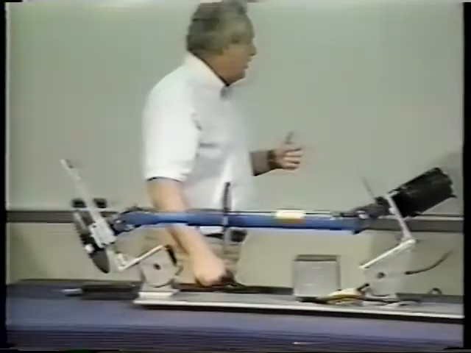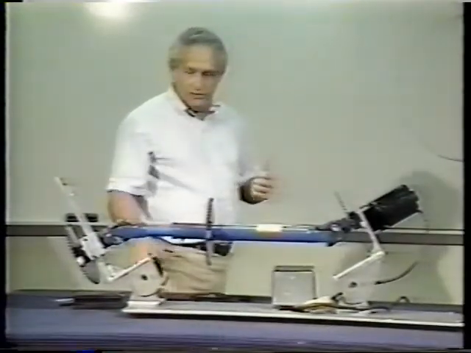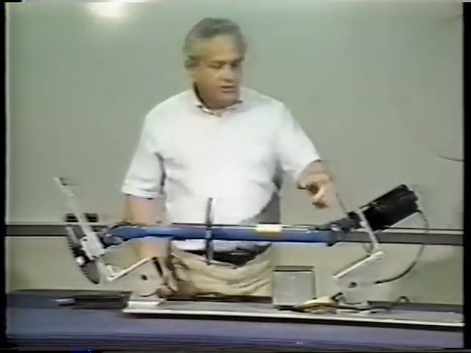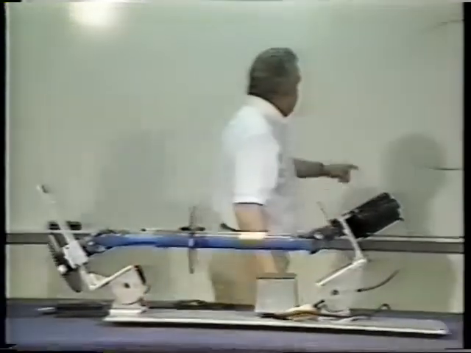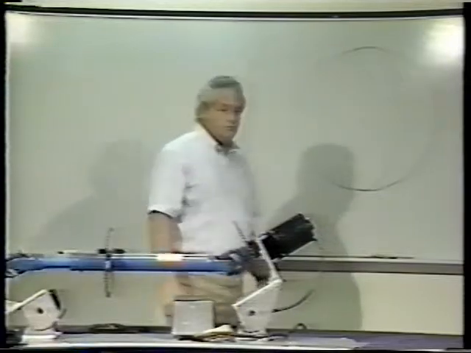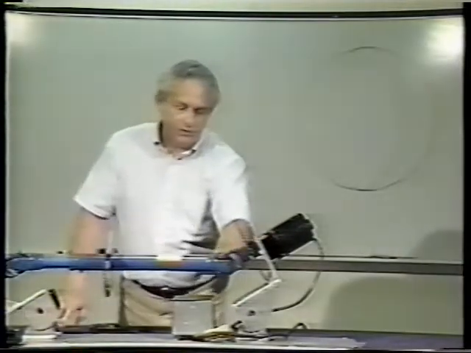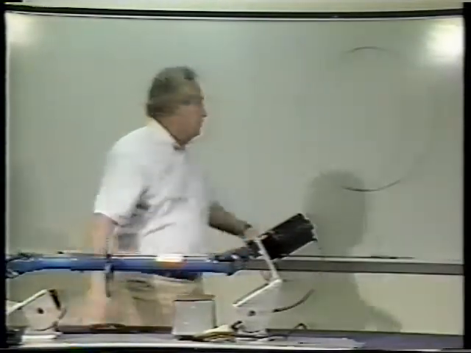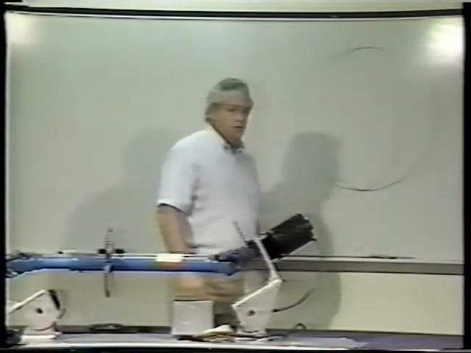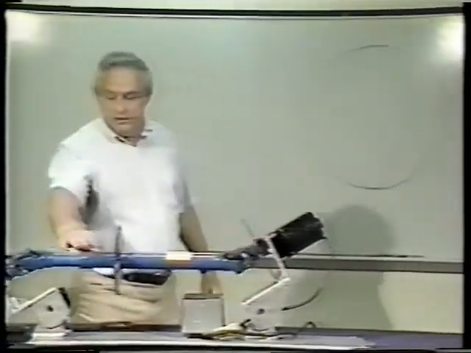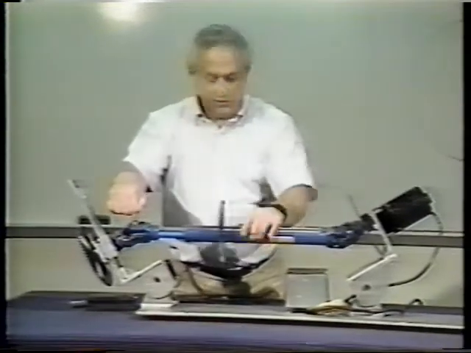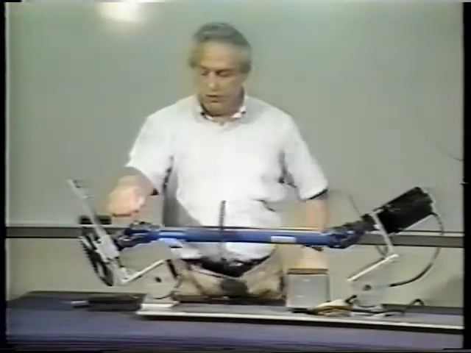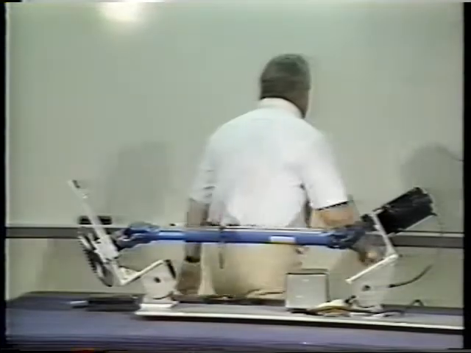Well, let's trace through on the board again what we've done to make this change. This is the input yoke of this joint traveling in our circle. Here's the output yoke of the universal joint traveling in an ellipse. Now, by putting an equal angle down here, we have this yoke doing the same thing that this yoke was, which is traveling in an ellipse.